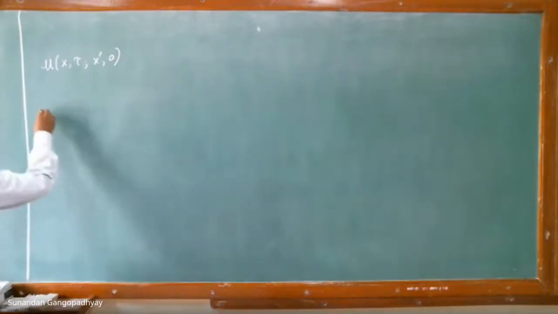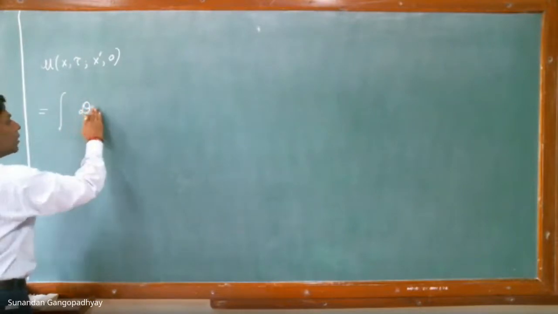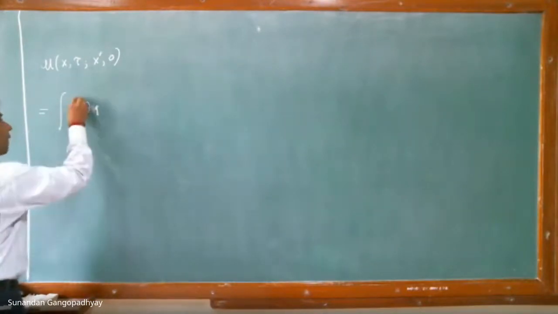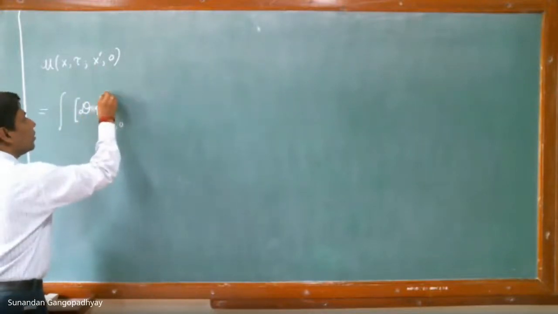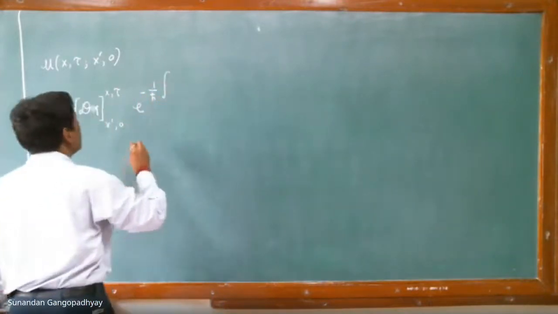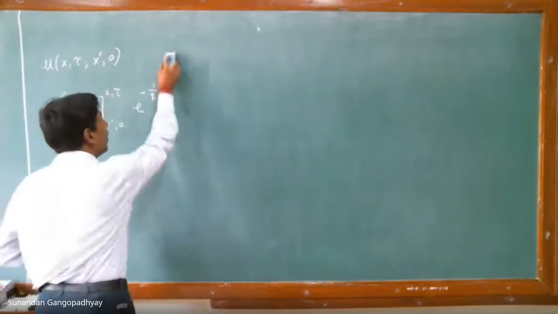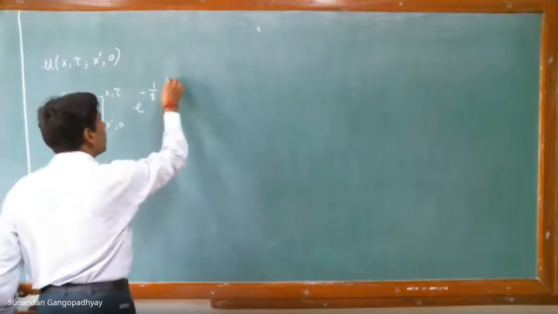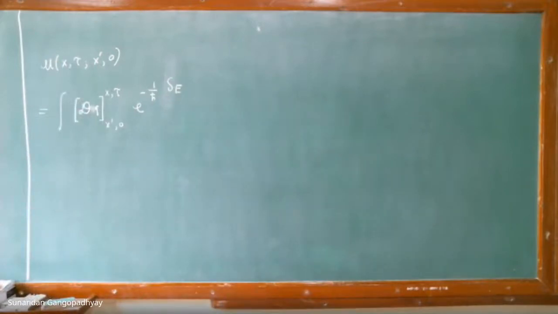And in this imaginary time formalism, we are using say q. So these are the boundary conditions. X tau, and then we have e to the power of minus 1 by h bar integral 0 to tau, or we can also write it in this way: minus 1 by h bar S of t. So this is the Euclidean action, and the form of the Euclidean action is the following.